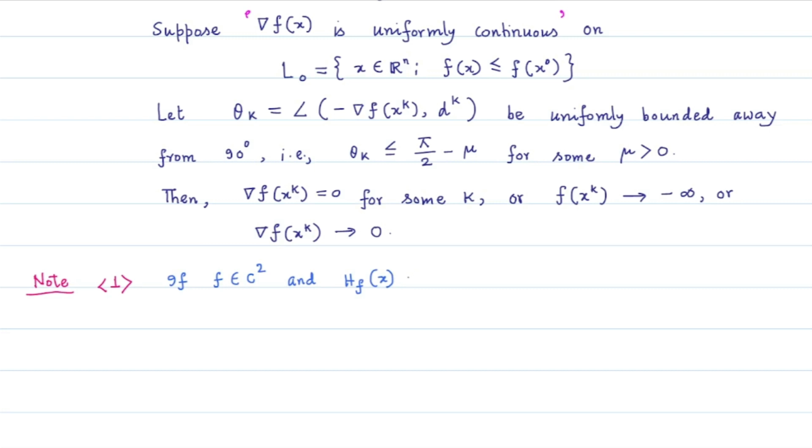This Hessian matrix is also denoted by nabla square of the function f at the point x. Let's suppose this Hessian matrix has bounded eigenvalues.